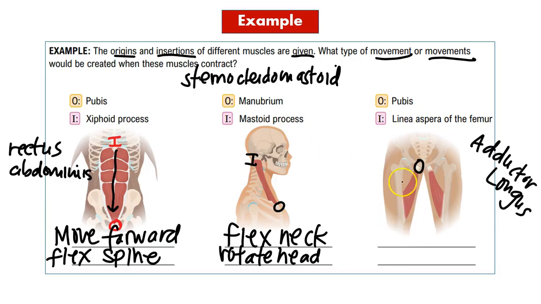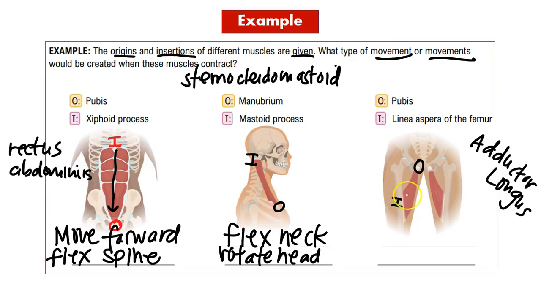I just want to show you because sometimes the wording can get very fancy, right? Just as the name suggests from the muscle, adductor longus, what type of movement are we looking at when it comes to the adductor longus here, based on the insertion of the origin? Well, that means it's going to adduct. So it's going to be adducting, and what's going to happen? It's going to go toward the midline.